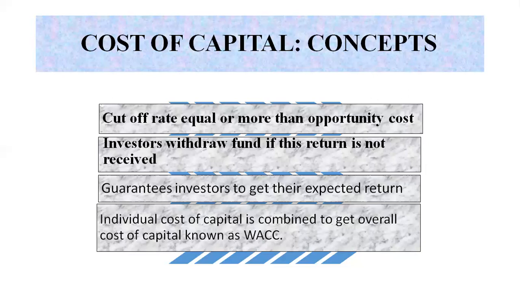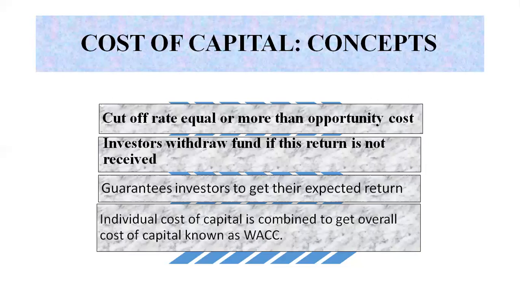Why is it less risky? Because here the interest rate is guaranteed, it is payable even if there is a loss, and the principal money invested will be returned after a specified period of time. So that is why it is much less risky than other sources.